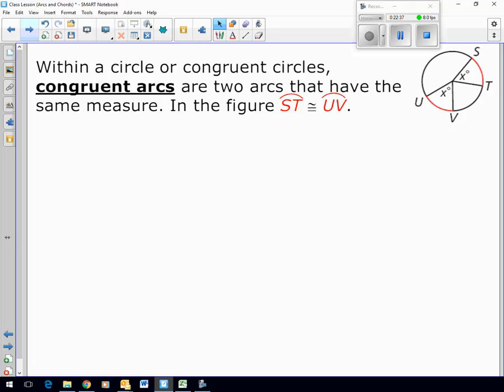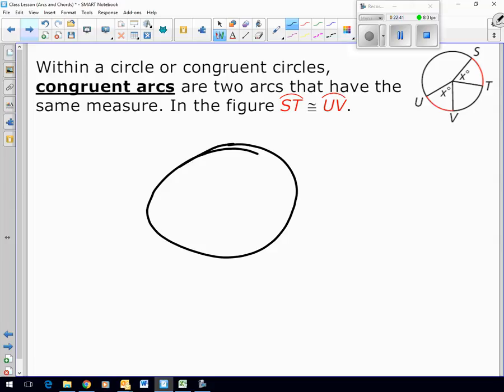Let's do a quick recap here. Make sure you get it, because this is the lesson in a nutshell. Here is U, V, X. If I said that, first off, is UVX a central angle?